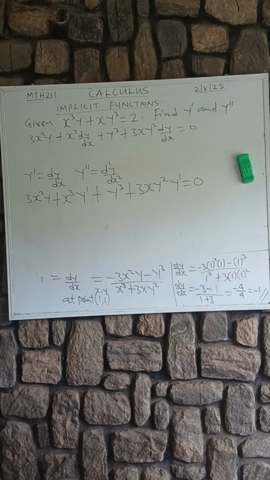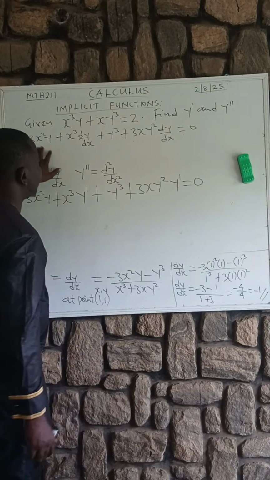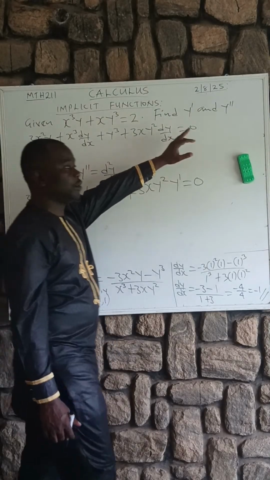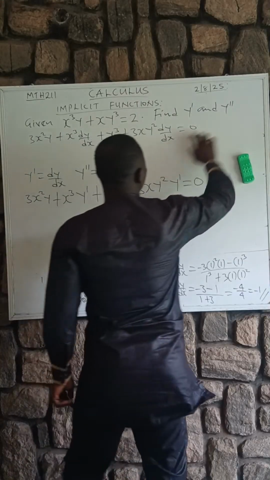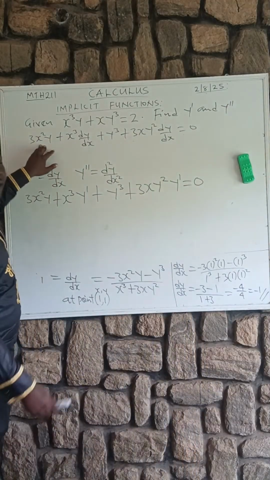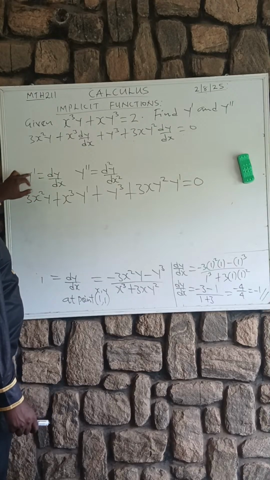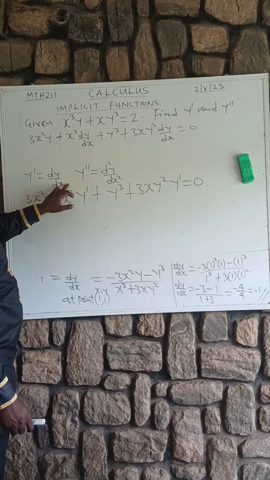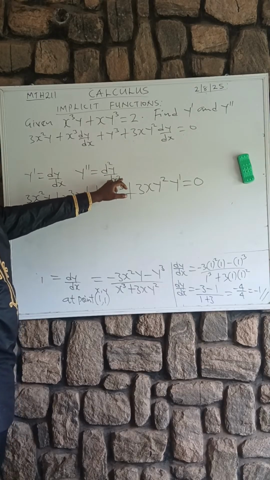Okay, let's proceed. As I was saying, this is the equation you will use in finding y prime prime. You know that y prime is the same as dy over dx, then y prime prime is the same thing as d squared y over dx squared, two of us.